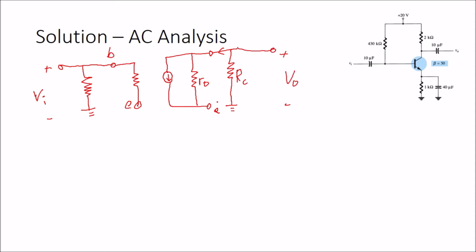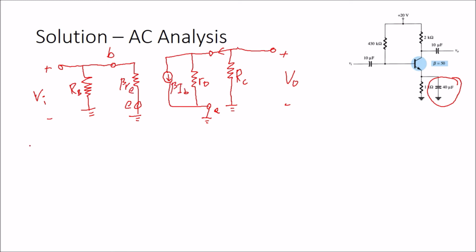For the E terminal, in AC analysis, this RE is going to be bypassed because of the existence of the capacitor here. So it's going straight to the ground. Let me label first: this one RB, this one beta RE, this one beta IB.